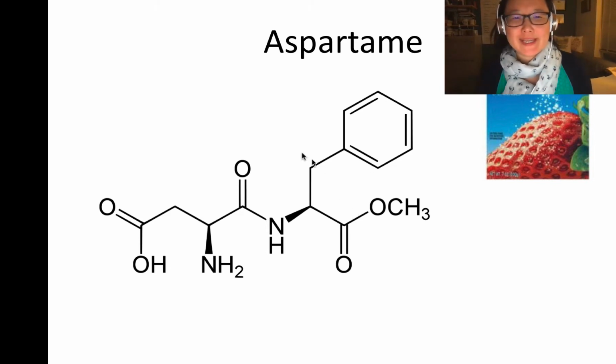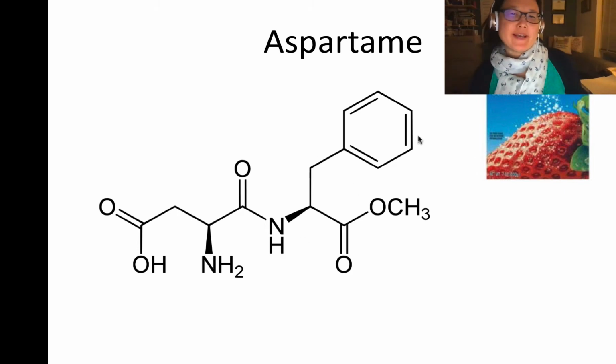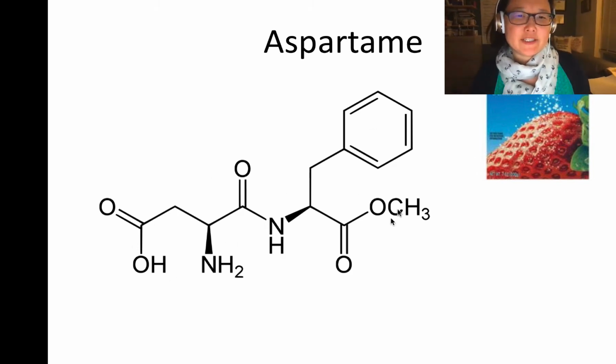In fact, aspartame is a dipeptide of amino acids. So we're going to learn about amino acids in the next section, but it's a modified amino acid over here and another one over here. We'll learn about that later, but it tends to bind our receptors in a way that triggers sweetness. So I just thought you might be interested that aspartame actually does not in any way look like a sugar.